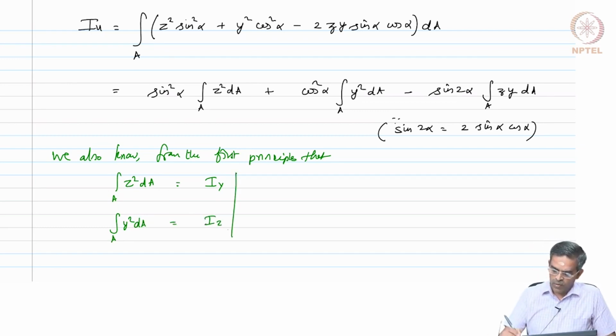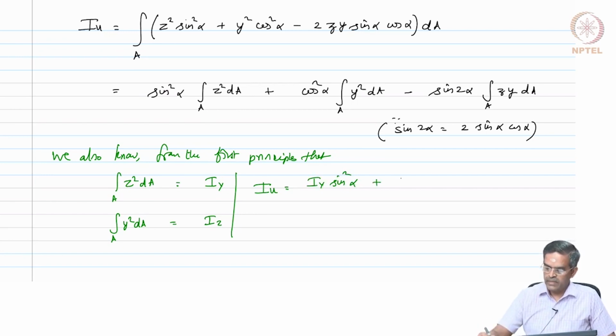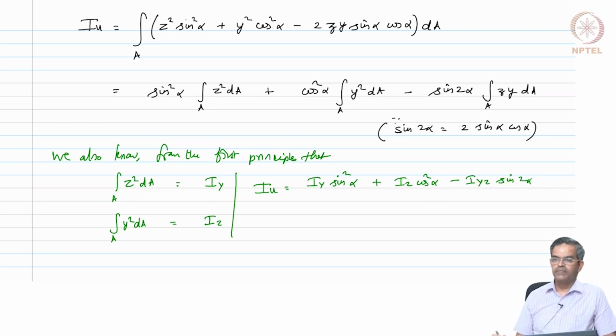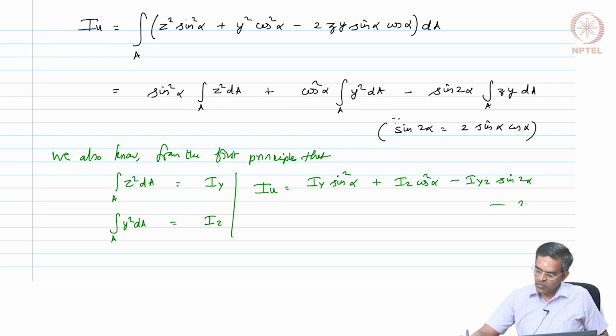When we know this, then I can write IU from our equation as IY sin square alpha plus IZ cos square alpha minus IYZ sin 2 alpha. We will call this equation number 2.